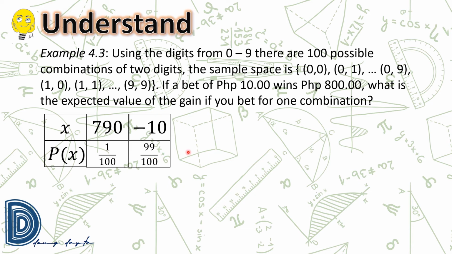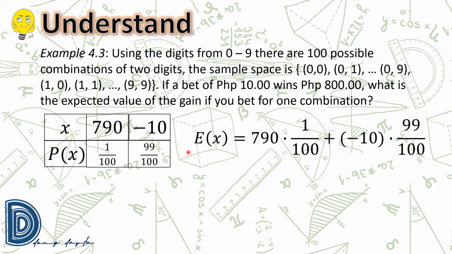Now let us solve for the expectation. That will be 790 times its corresponding probability, 1 over 100, plus negative 10 times its corresponding probability, 99 over 100.